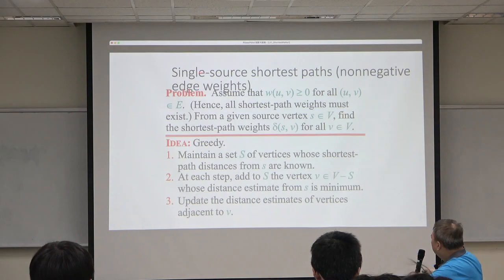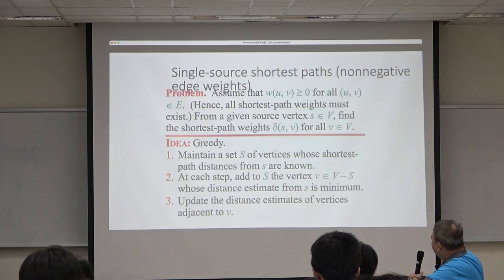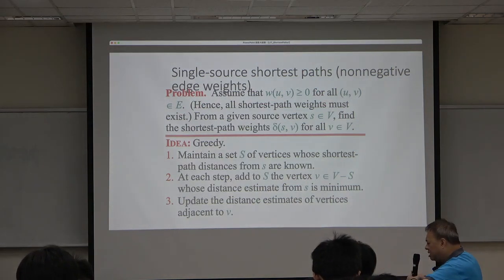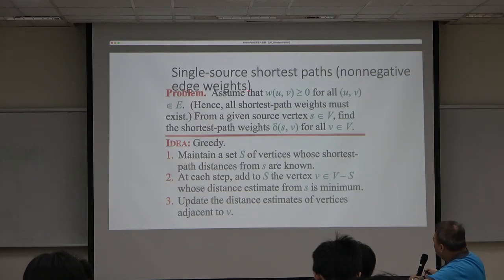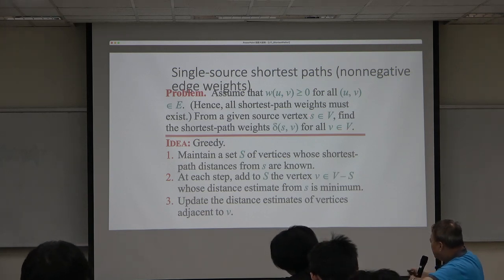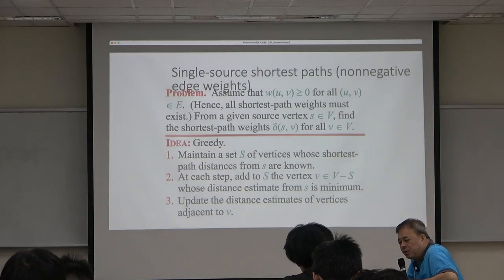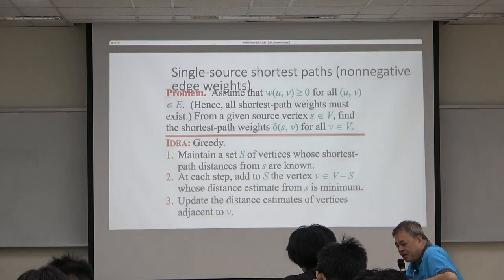So all shortest path weights must exist because there's no negative weight cycle. From a given source vertex s, find the shortest path weights δ(s, v) for all v. We call such a problem single source shortest path.